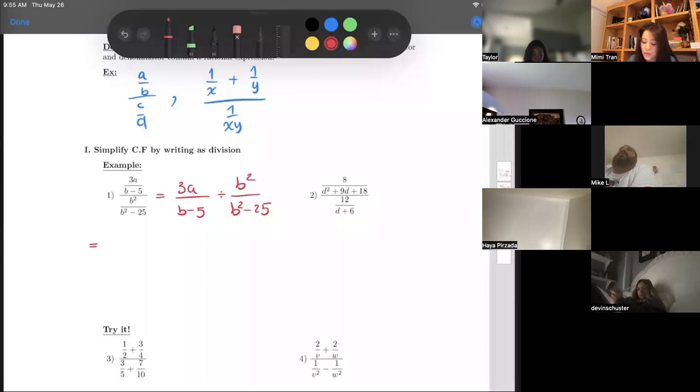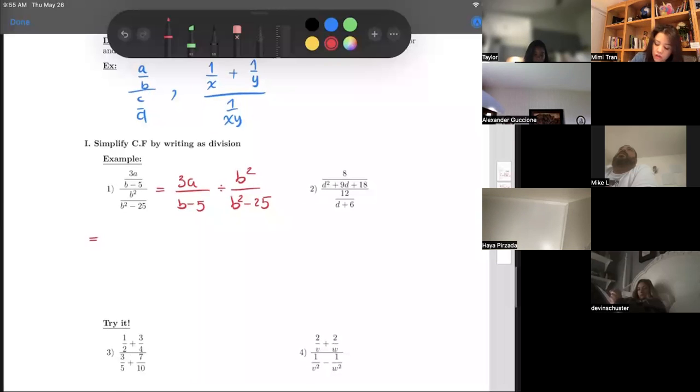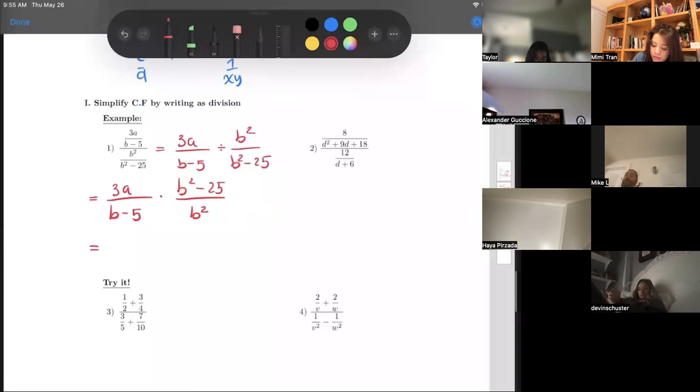So 3a over b minus 5 multiplied by b squared minus 25 over b squared. The numerator of the second rational expression, I can factor as what?